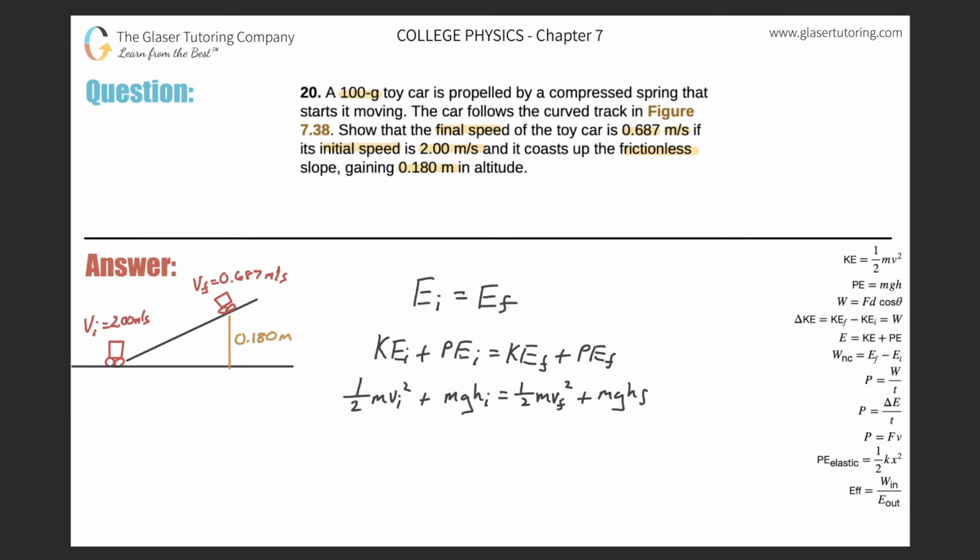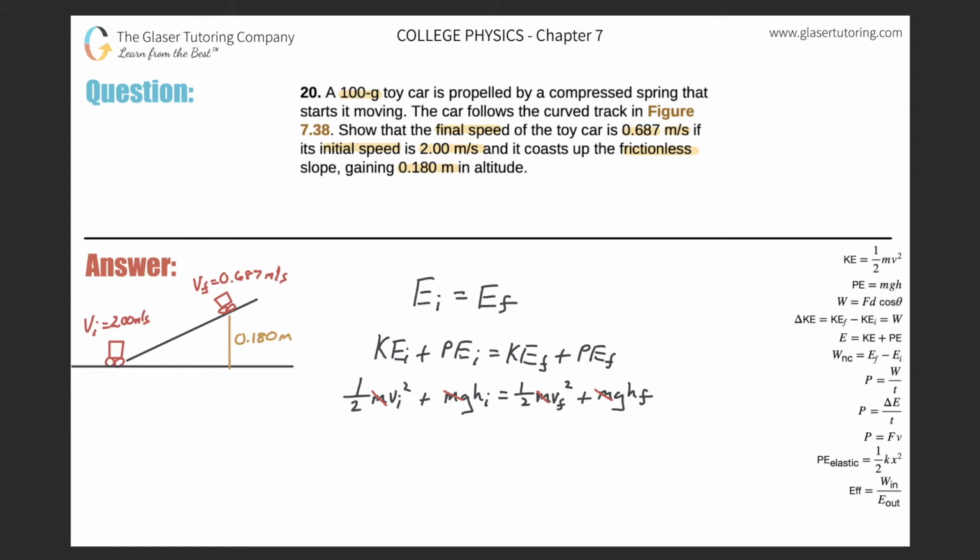Now, every term has mass, so we could factor out an m from every term, and they all cancel. Let's cancel them right off the bat so we don't have to work with more than we need.